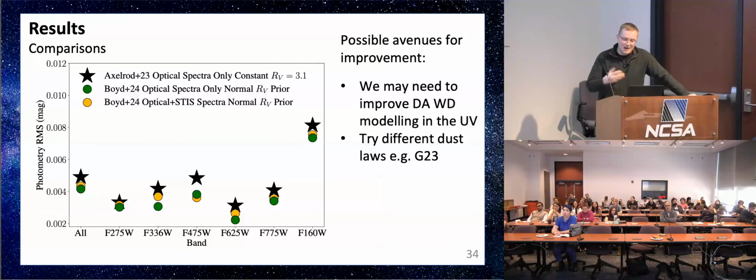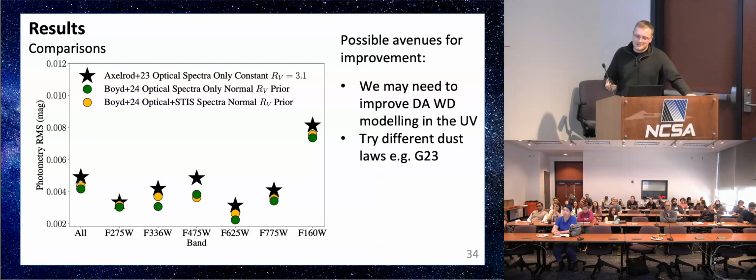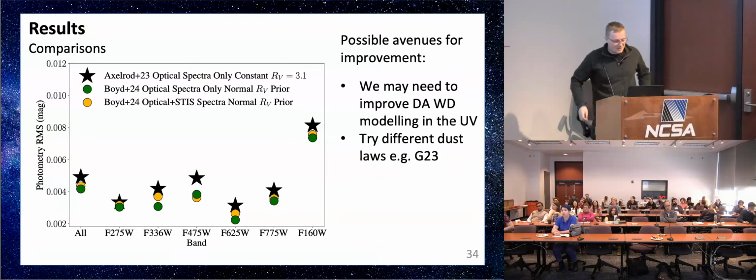We should actually think about how our model could be adapted to cater for this data. So you might need to rethink the theoretical UV modeling of the white dwarfs, or you could try different dust laws. Like I say, I'm using a 25-year-old dust law that I could probably swap out with a more recent one. So I'm in the process of doing that with the Gordon 2023 dust law.